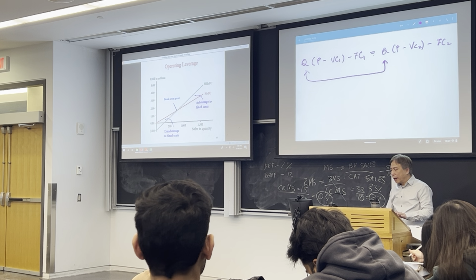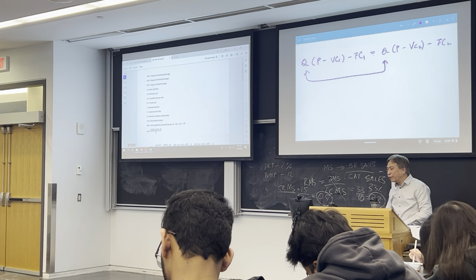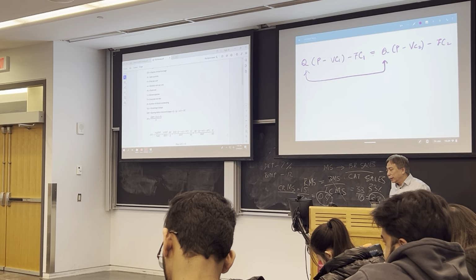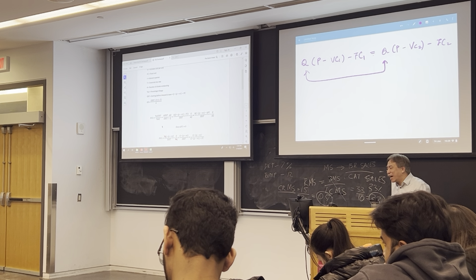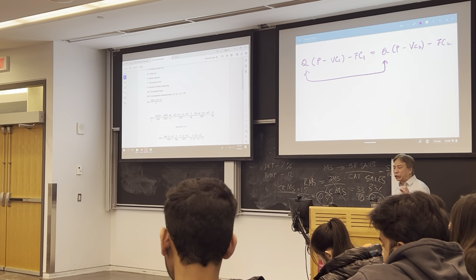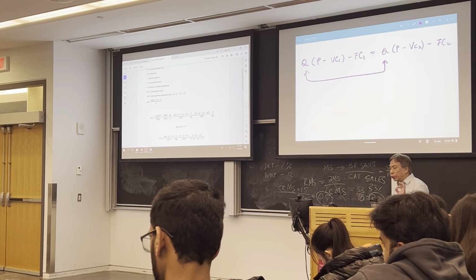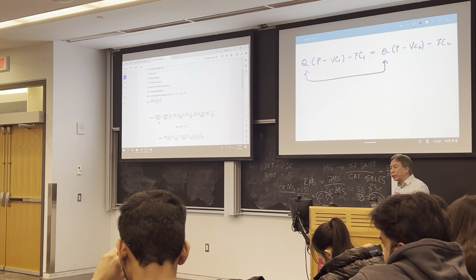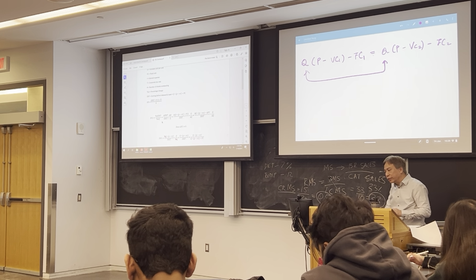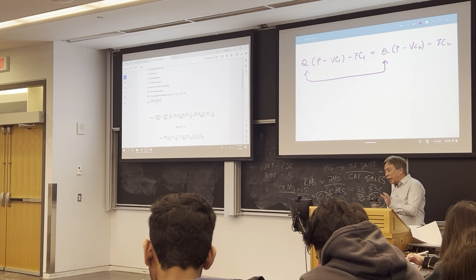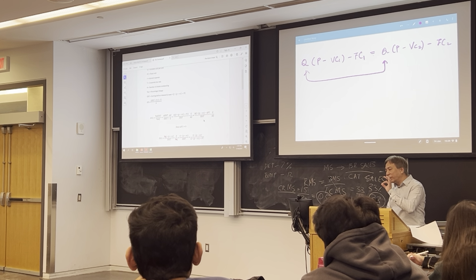Now, the degree of operating leverage. It's not in the slide, but let's just look at it here. This is the degree of operating leverage: the percentage change in EBIT over the percentage change in sales. I just replay everything, I do not go step by step. Go home and take a look at it.